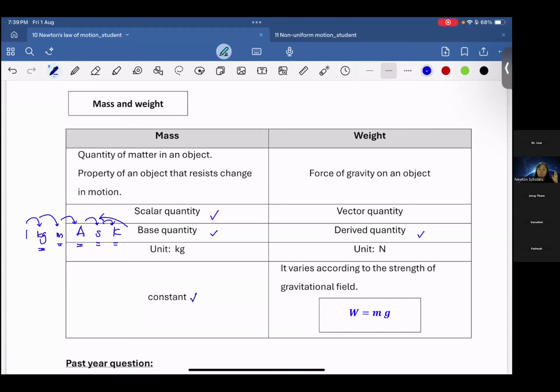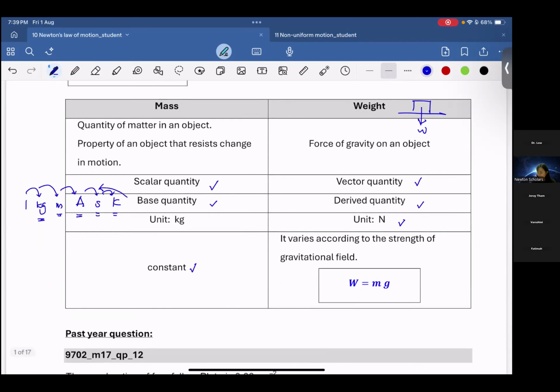So weight is a derived quantity. What is weight? Weight is the gravitational force, the force due to gravity. The unit for weight is the Newton because it is a force. Weight is always pointing downward, so it has direction and we have to consider direction. This is a vector quantity.